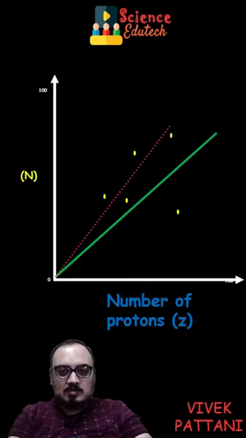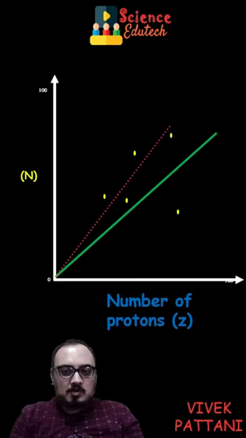So this is a plot showing the relationship between atomic number and the number of neutrons. In this case, atomic number Z and number of neutrons, and the solid green line represents the neutron to proton ratio.